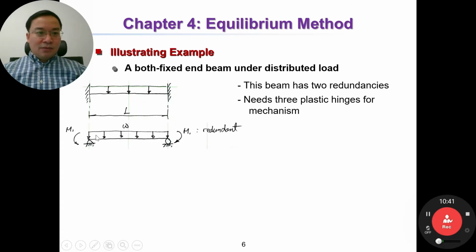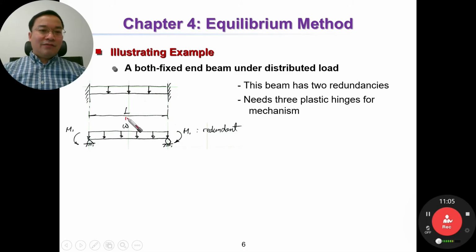Because of two redundants, M1 here and M1 here, they are redundant. We replace the boundary conditions by the redundants.